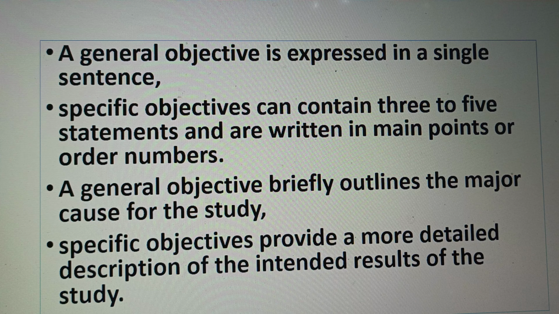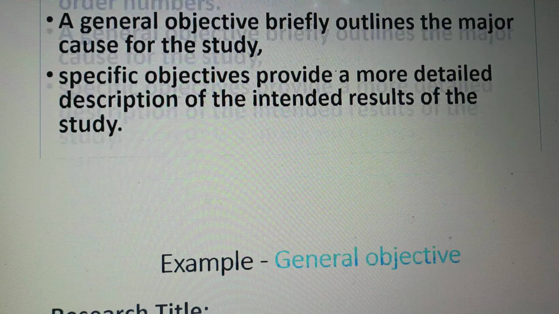A general objective briefly outlines the major cause for the study, while specific objectives provide a more detailed description of the intended results of the study.